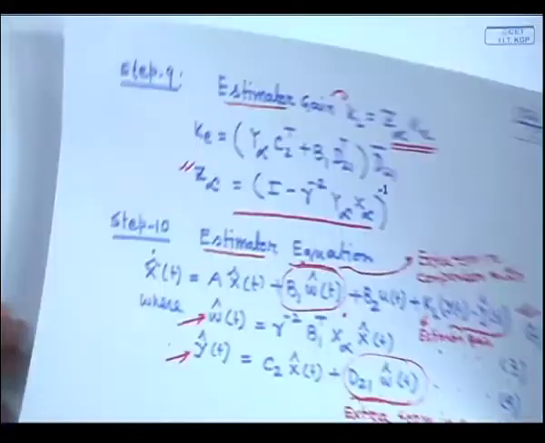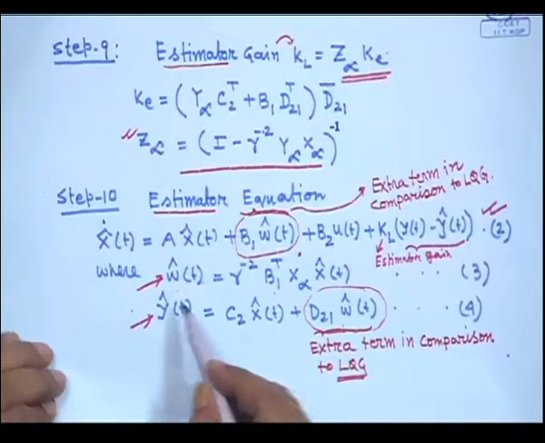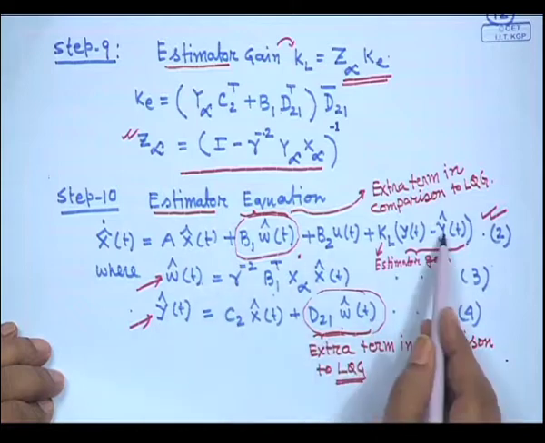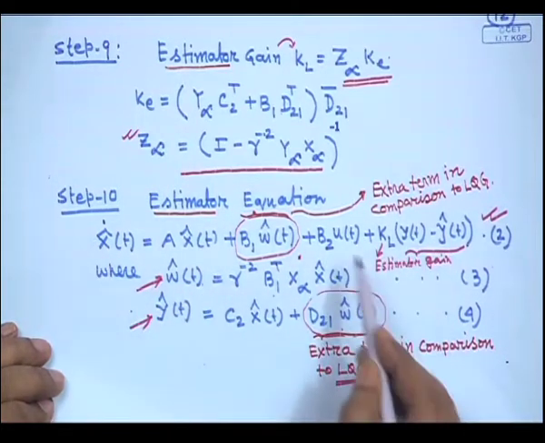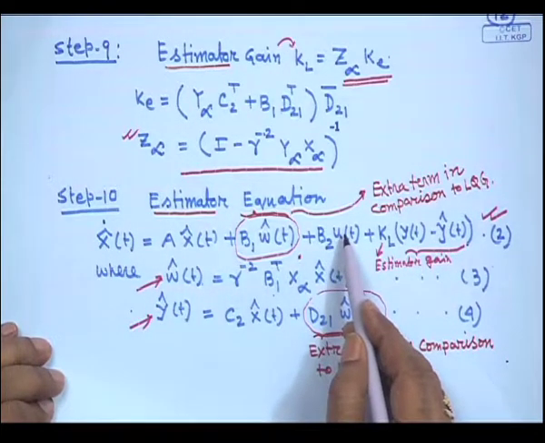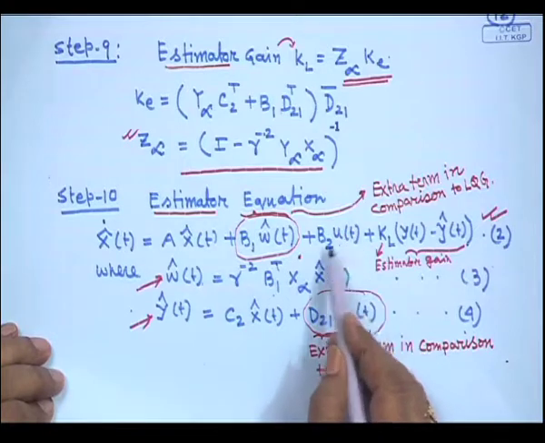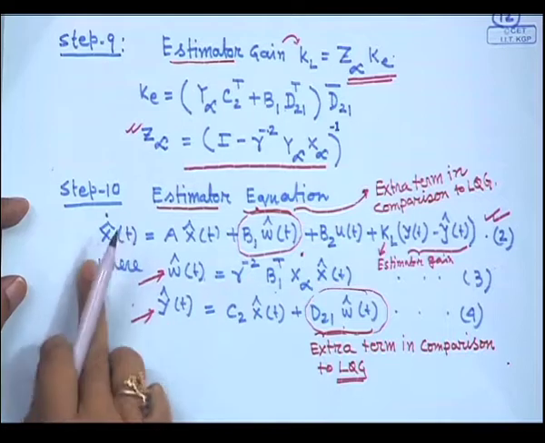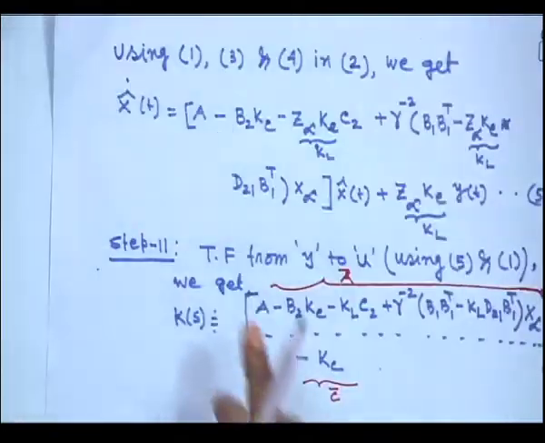Now, if you put the value of w hat and y hat here, and after that you put u is equal to minus K c x hat in this expression, then I can simplify this equation into final form.